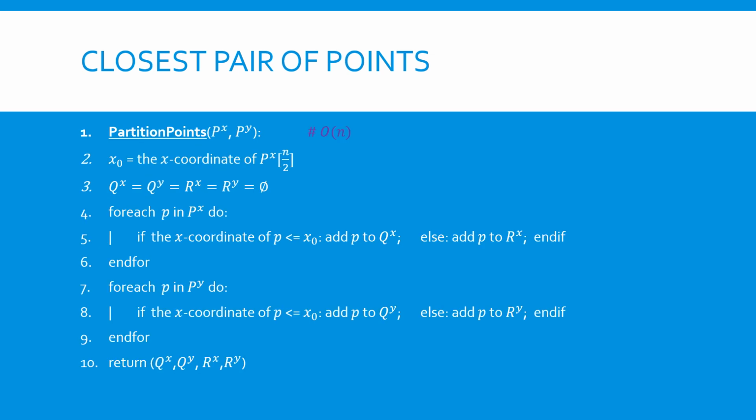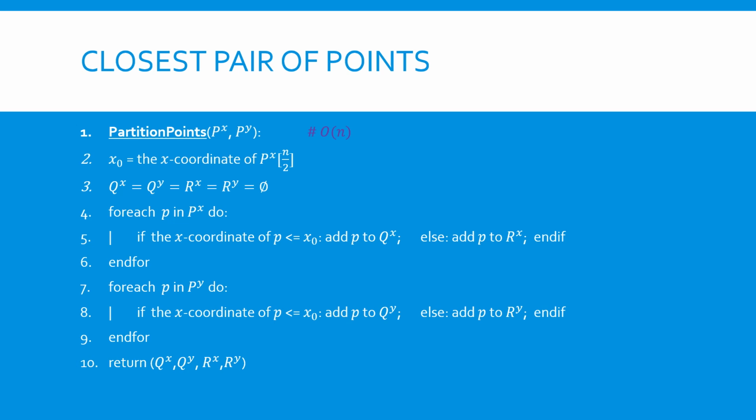This is the pseudocode for the function partition points that performs the first step. In line 2, we identify x0 for the divider line. Then, in lines 4 to 6, we compare the x-coordinates of each point in Px with x0 and partition them into Qx and Rx. Note that this step does not alter the relative orders of the points in Px.